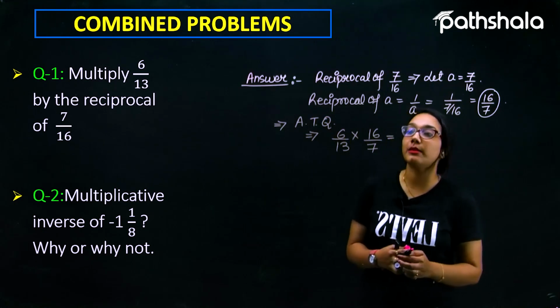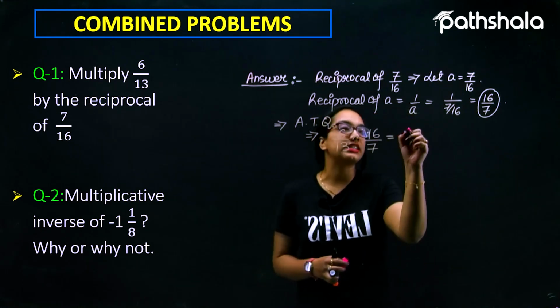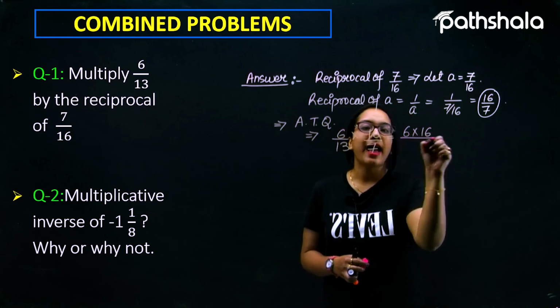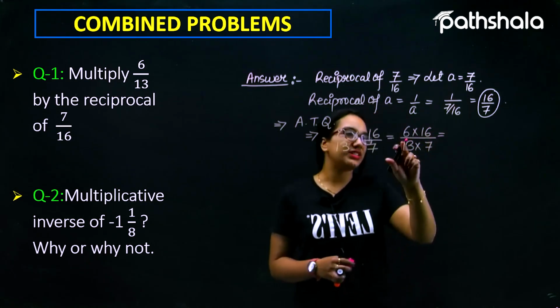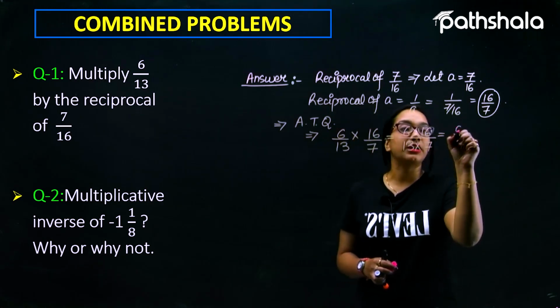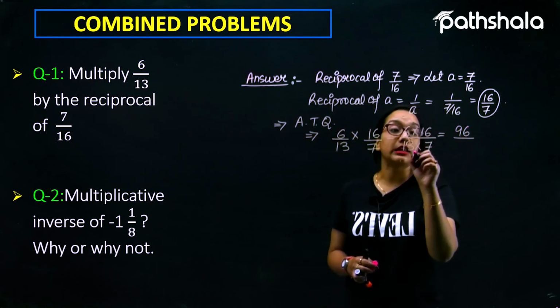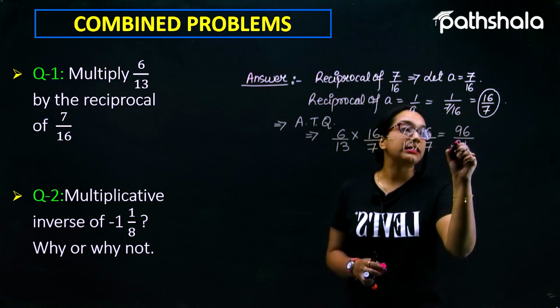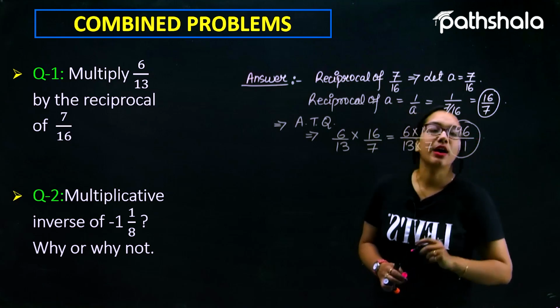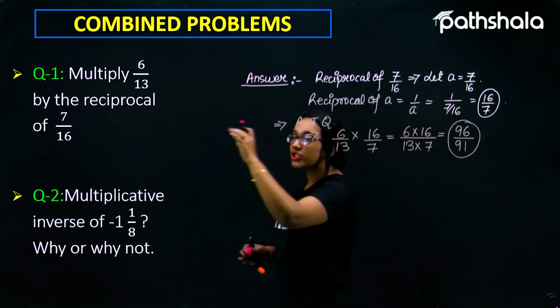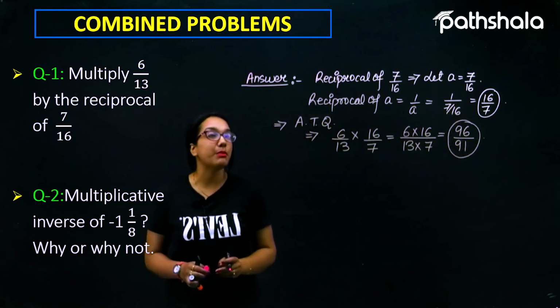The answer will be 6 into 16 in the numerator and 13 into 7 in the denominator. 6 into 16 is 96, and 13 into 7 is 91. So the answer of my first question is 96 by 91.